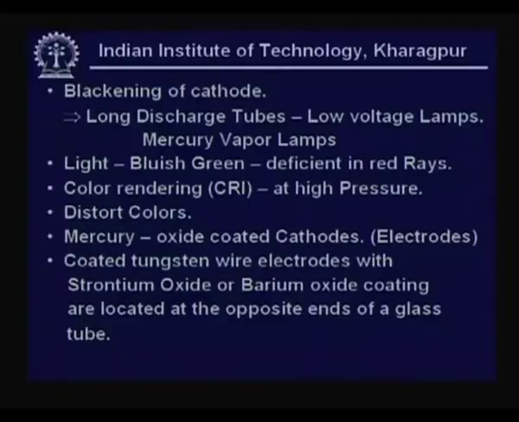As I told you, the two processes that are possible are cold cathode and hot cathode, and this can be taken care of by having thermionic emission. We have tungsten wire filaments based on electrodes which are made of strontium oxide or barium oxide located at the opposite ends of a glass tube.